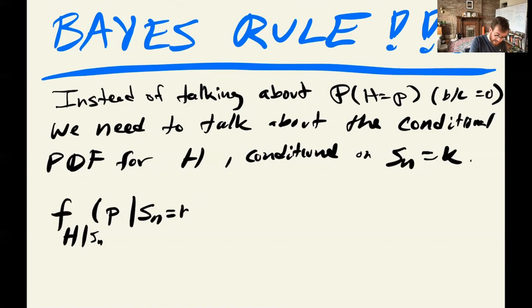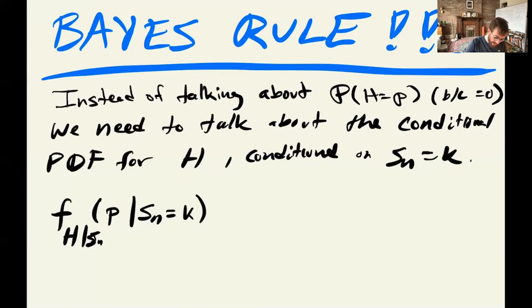Notice this looks exactly like what we were doing earlier, where I said, well, what's the PDF for x conditioned on y equaling a specific value? But there, in that case, both x and y were continuous quantities. Here now, let's think about y as being Sn. This is now a discrete quantity. And how does that update our beliefs about this continuous random variable, h? So this is our conditional PDF.